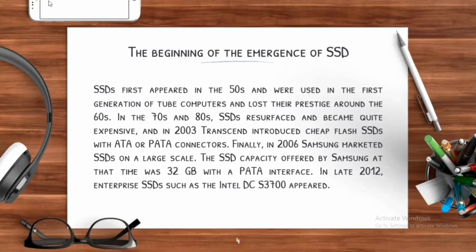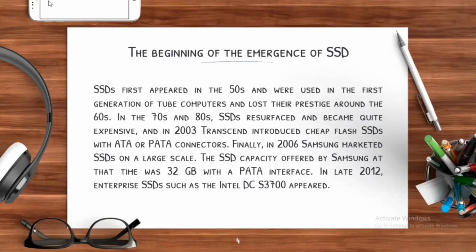The beginning of the emergence of SSD. SSDs first appeared in the 50s and were used in the first generation of tube computers and lost their prestige around the 60s. In the 70s and 80s, SSD resurfaced and became quite expensive. And in 2003, Transit introduced cheap flash SSD with ATA or PATA connectors.